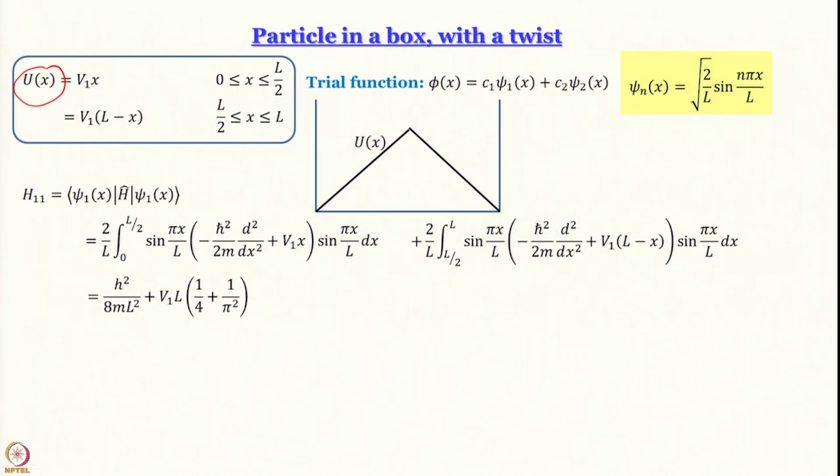Alright, so that is what it is, and the second term, I will call it the second term because I have written it as V1 into L multiplied by something that arises from the second terms of these integrals. If you do it, it is a little long, but it is definitely not undoable. So, this is the result we get. So, this here is our H11.